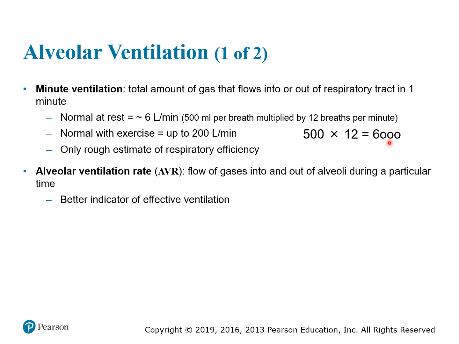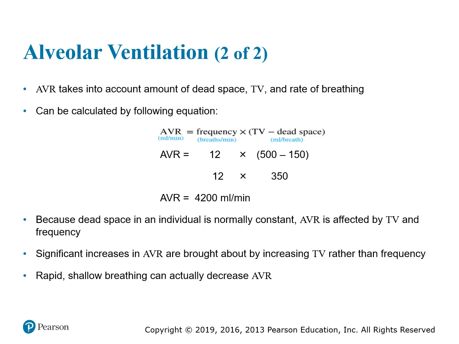Then there is another term which is alveolar ventilation rate. It is the flow of the gases into and out of the alveoli during a particular time. So it is a better indicator of effective ventilation. Now let's see alveolar ventilation rate.